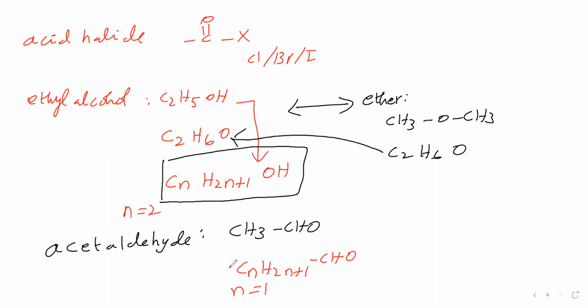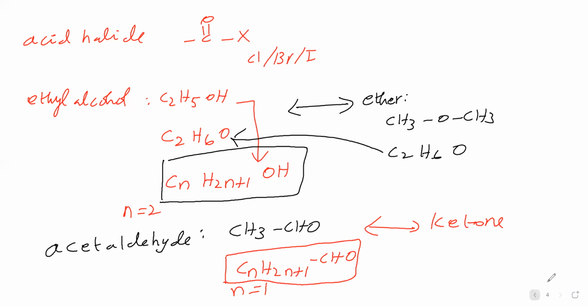So for aldehyde, one possible general formula is CnH2n+1CHO. For alcohol the set is ether, we said, like that. For aldehyde, the set is ketone.